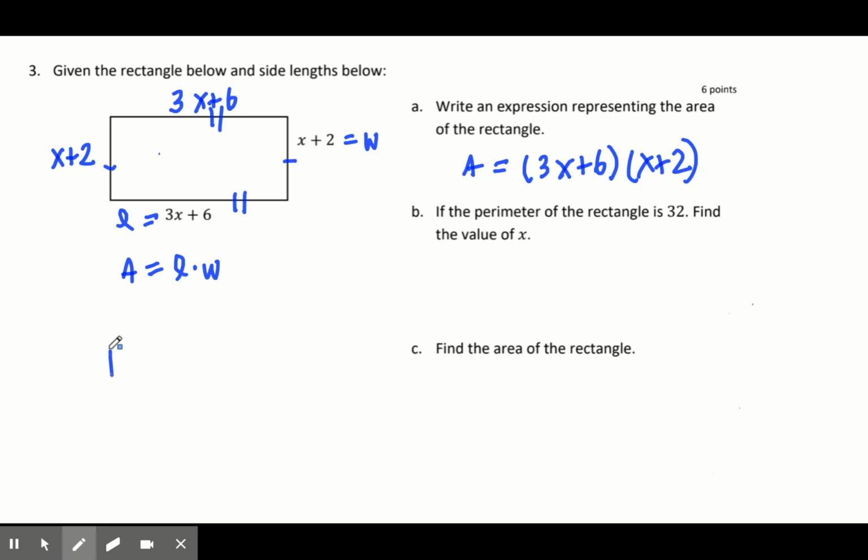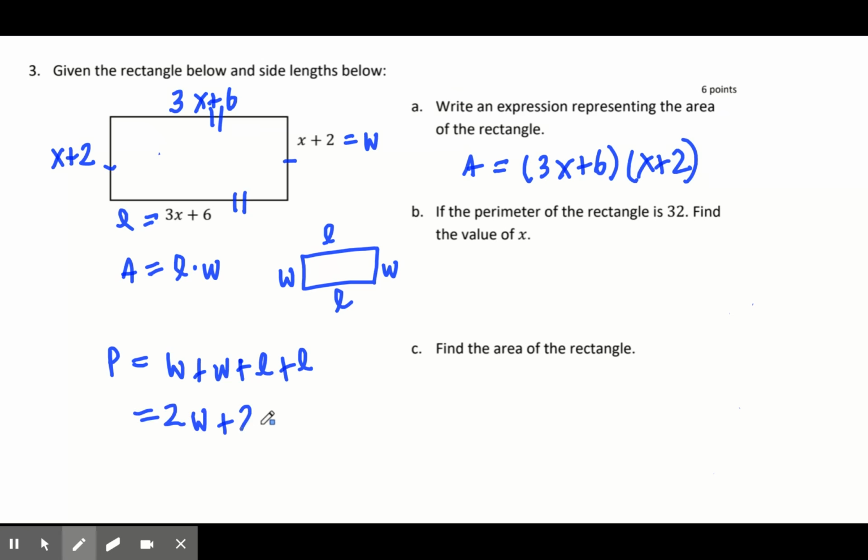Since the perimeter is the sum of all the sides, in a generic rectangle it's length, length, width, width. So the formula for perimeter is, more simply, 2 width plus 2 length.